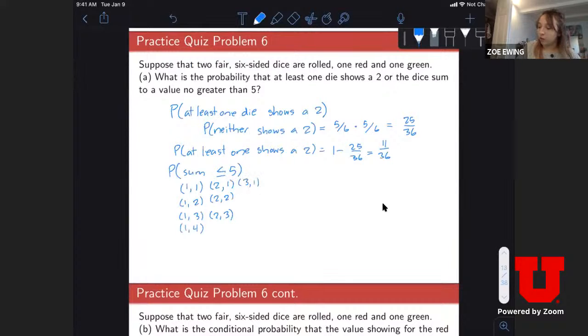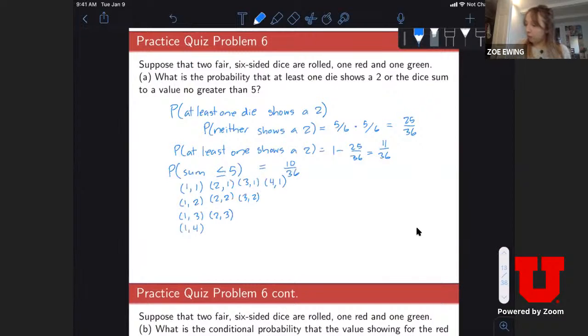Then we'll have 3, 1 and 3, 2 and 4, 1. So this is 7, 8, 9, 10 total options. So we have 10 out of 36 total possible rolls that satisfy it.